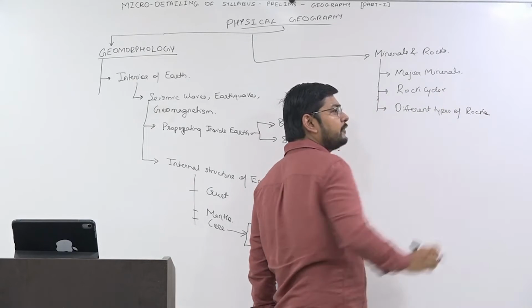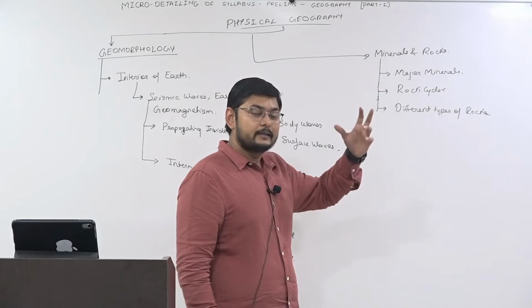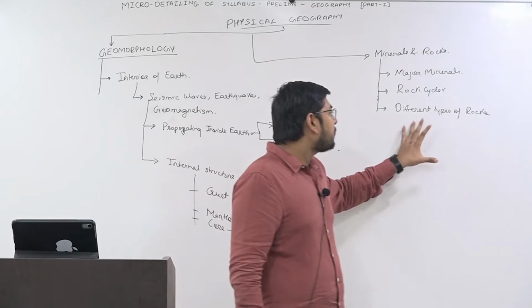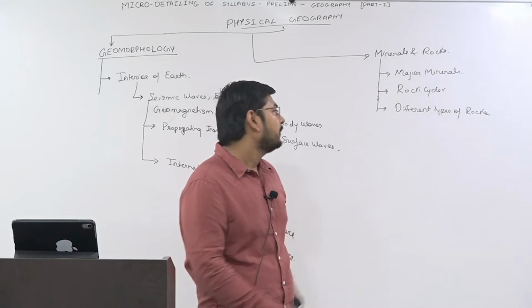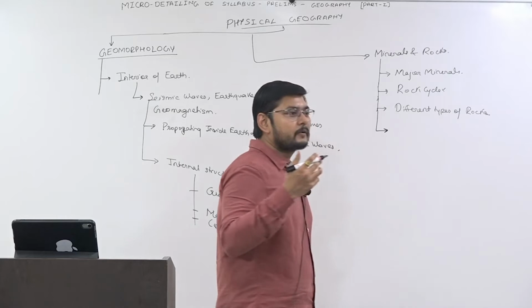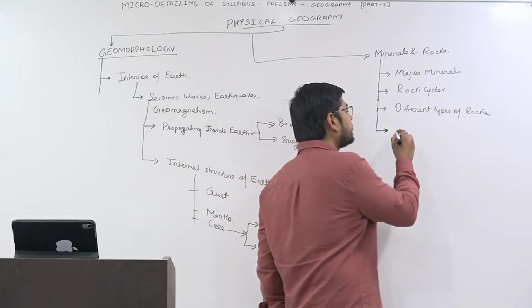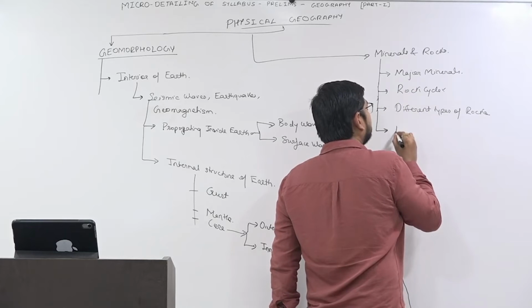In the rock cycle we see the formation of different types of rocks, and how they are formed. Then we look at the different rocks, which have different minerals.